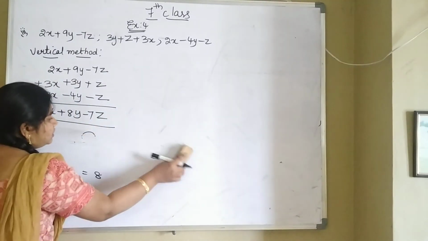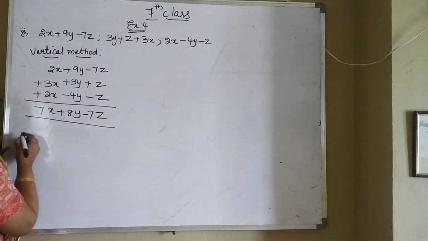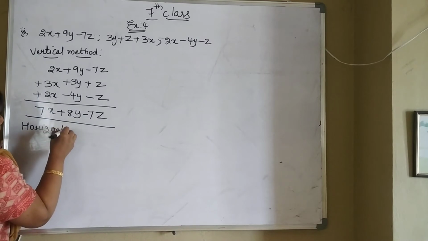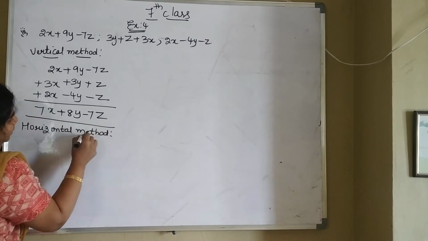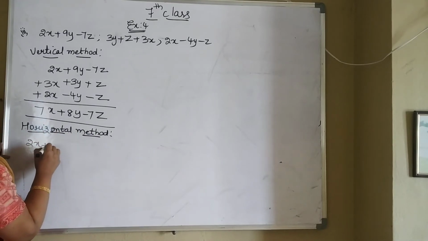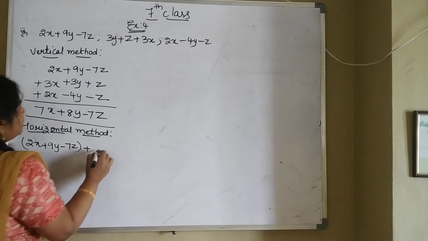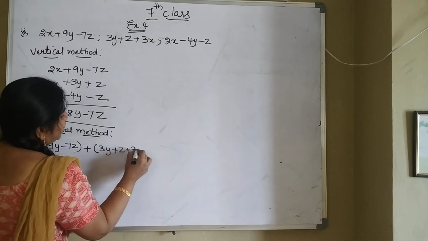Okay, so now we will see the horizontal method. Between all the three expressions we have to substitute a plus. So 2x plus 9y minus 7z plus 3y plus z plus 3x.